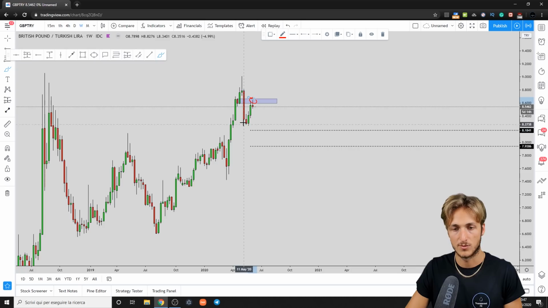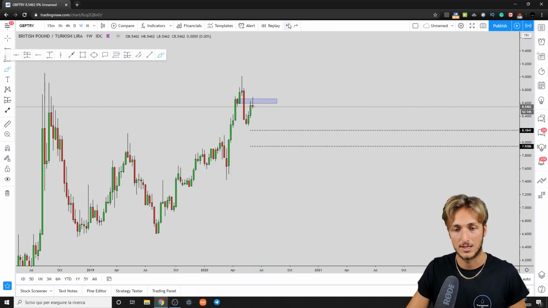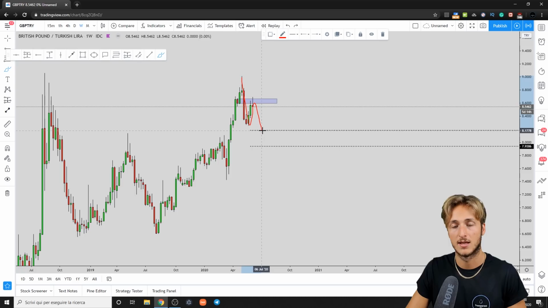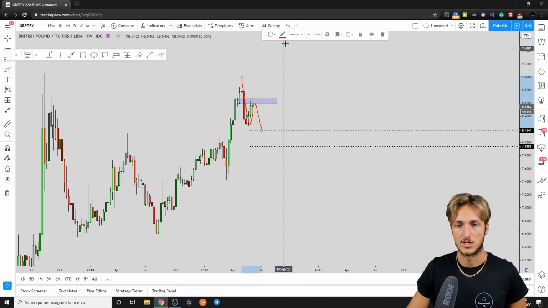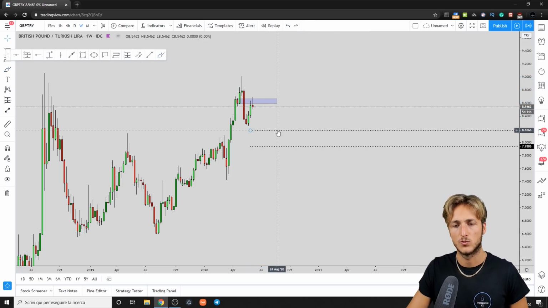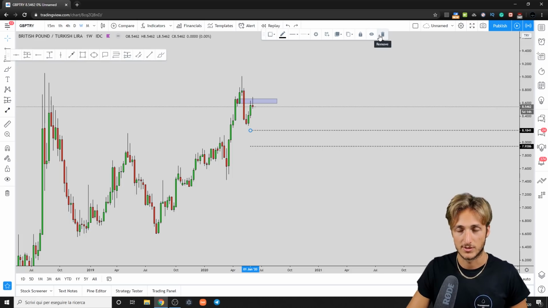So we have an impulse breaking a supply area, which is obviously now acting as resistance, and we can expect the continuation to the downside and completion of this impulse, correction and impulse pattern to the downside. So on the monthly and weekly, everything is indicating a move to the downside.